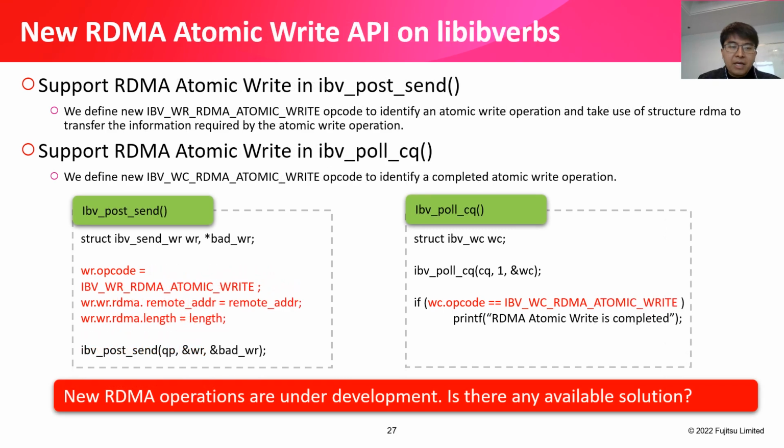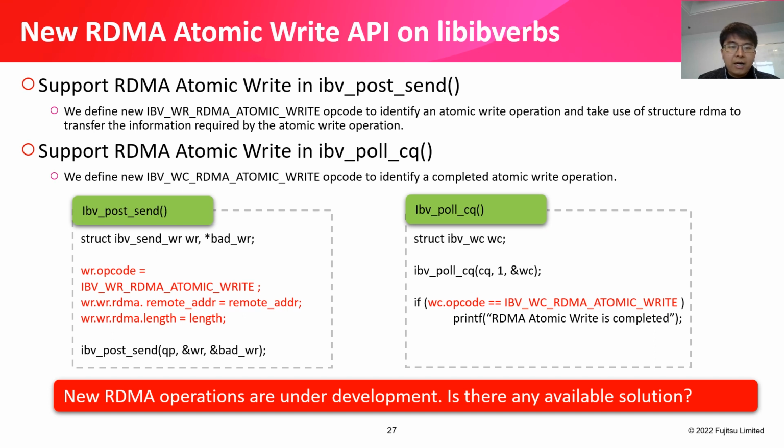How to implement a new RDMA atomic write API on libibverbs. To support RDMA atomic write in ibv_post_send, we defined the new IBV_WR_RDMA_ATOMIC_WRITE opcode to identify an atomic write operation, and make use of the structure rdma to transfer the information required by the atomic write operation.